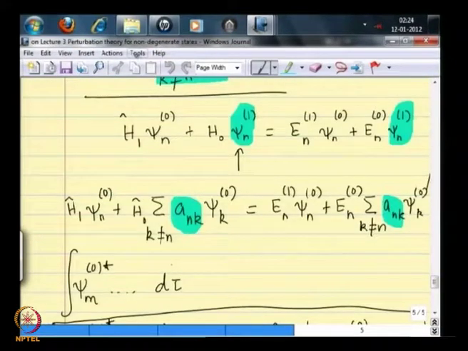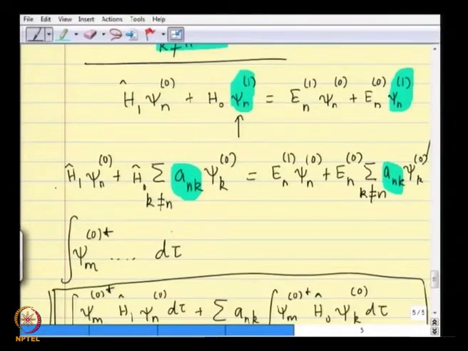If you recall this particular screen, to obtain the first order correction to the wave function, marked in green here by psi n1, what we did was to propose an expansion for psi n1 in terms of all the basis states, the eigenstates of the perturbation free Hamiltonian.